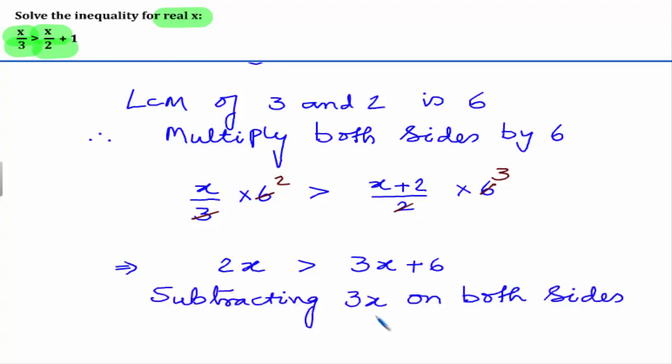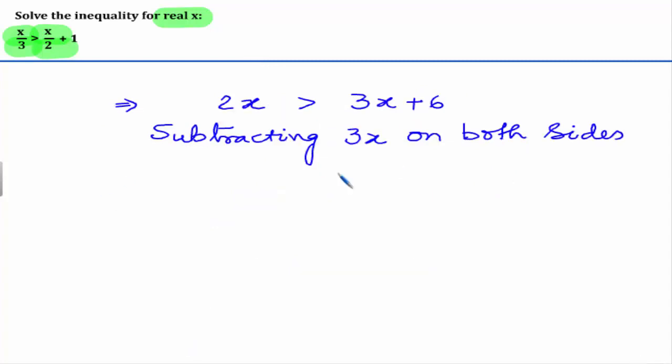Now on subtracting 3x from both sides, we get 2x minus 3x greater than 6. This will give us minus x greater than 6.